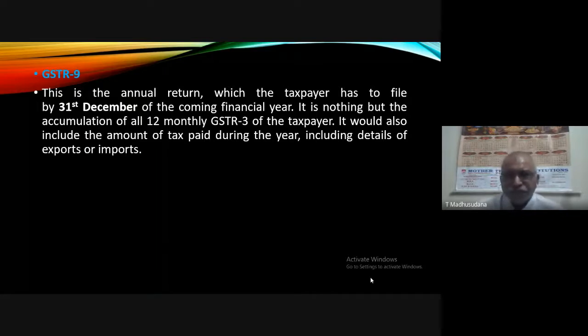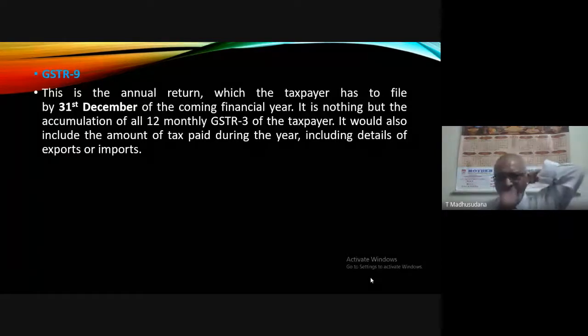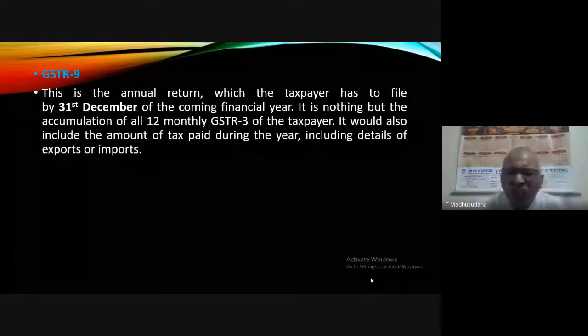Then all the 12 months' returns will be clubbed together and prepared in GSTR 9. So this is the annual return which the taxpayer has to file by 31st December of the coming financial year.